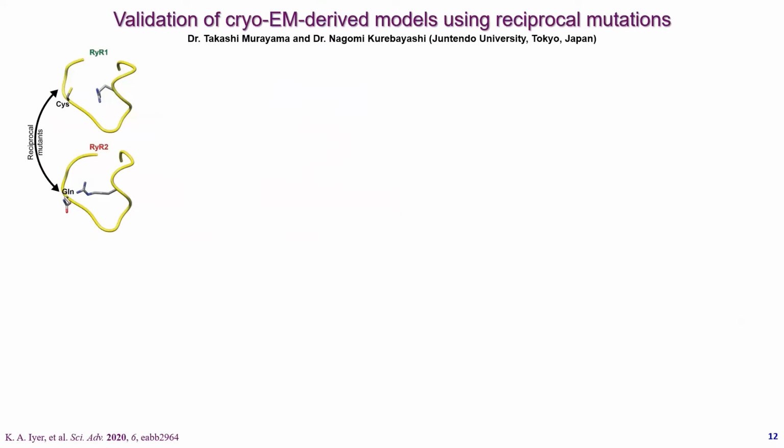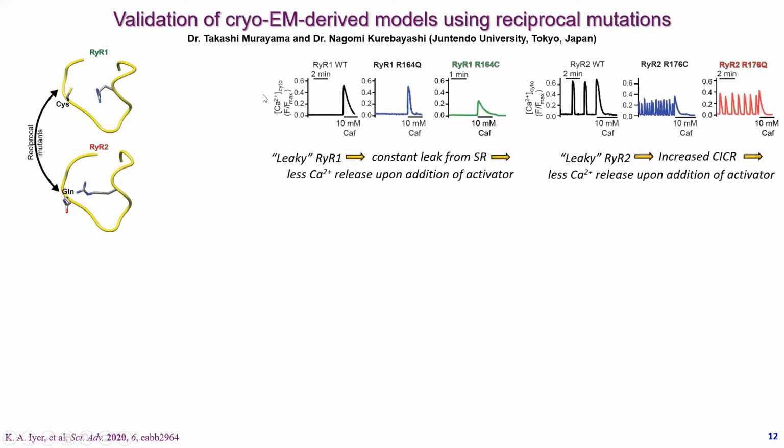In order to validate our Cryo-EM derived models, we generated reciprocal validation mutants where we changed a cysteine in RyR1 to glutamine and vice versa. The R to Q mutation actually rescued the original disease mutant and behaved similarly to wild type, whereas the R to C mutation in RyR2 was much more severe than the original R to Q mutation.